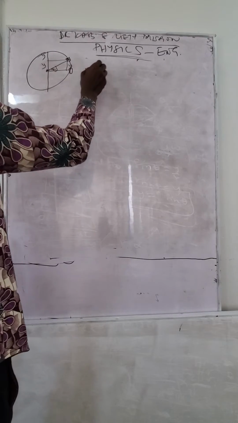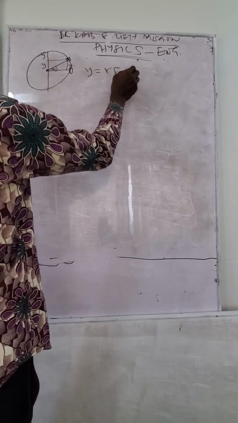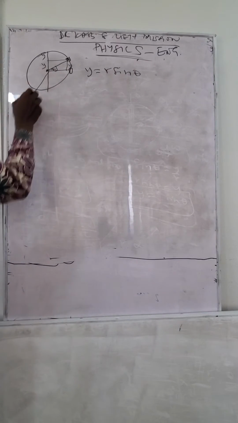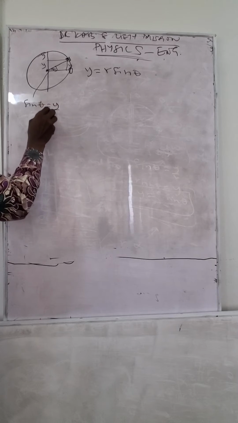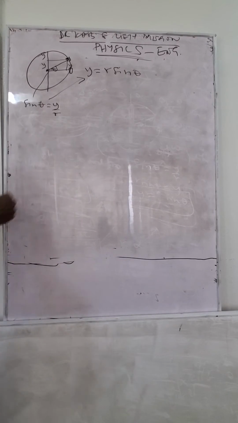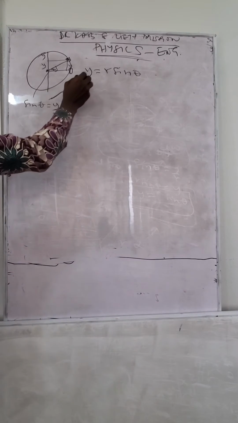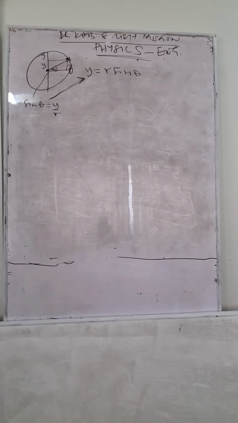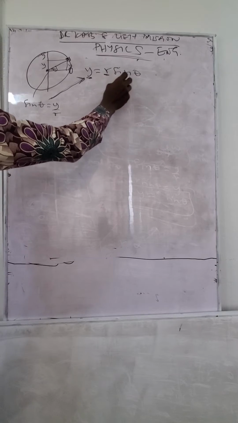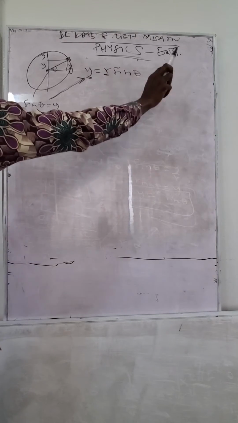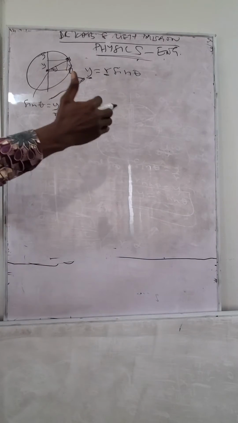We are saying that y is equal to r sine theta, because this expression is the same as sine theta is equal to y over r. So from that we are getting this. Now this is linear, this is a distance. Of course, this is giving us an angle which is going to be a measure in terms of magnitude distance.